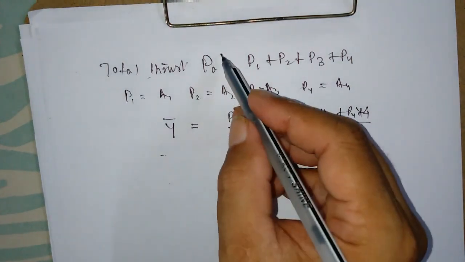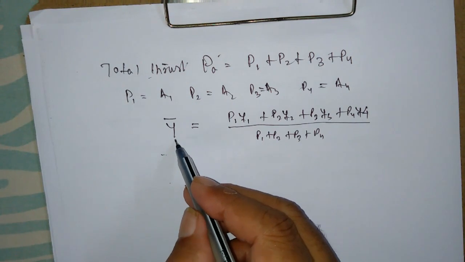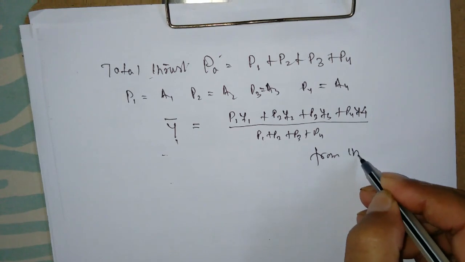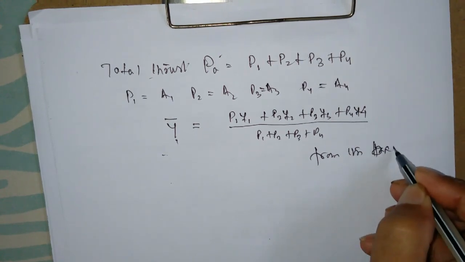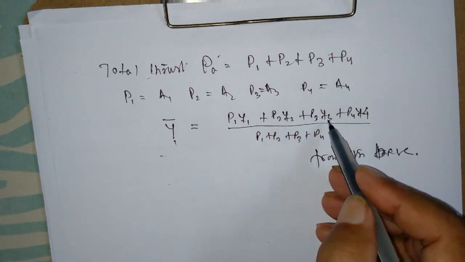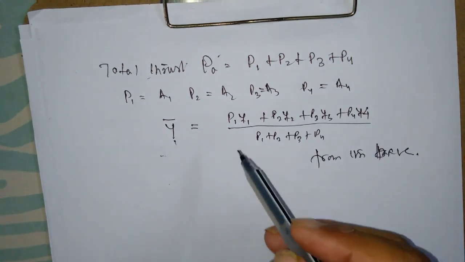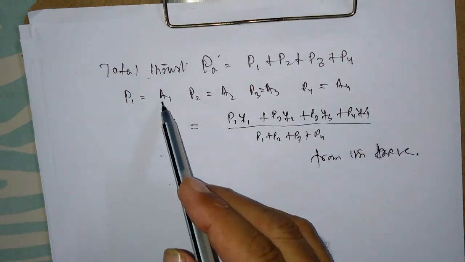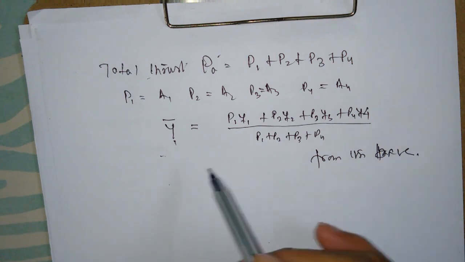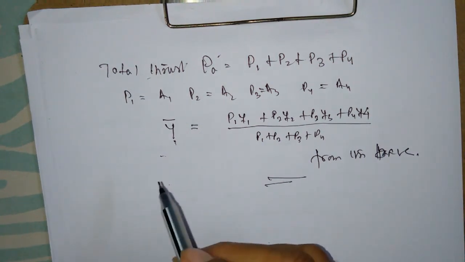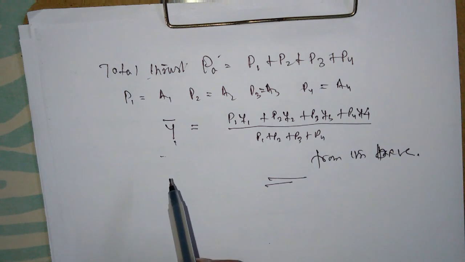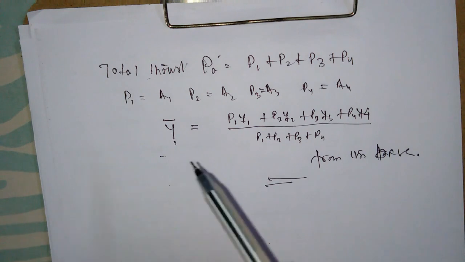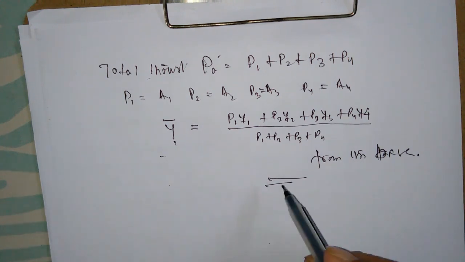This is how the total thrust and the point of action of the total thrust is found out at Y bar from the base. This Y1, Y2, Y3, Y4 are the heights of the point of action of individual areas P1 to P4 from the base. That's all. So this is how we can find the total thrust and point of action in the case of submerged backfill.